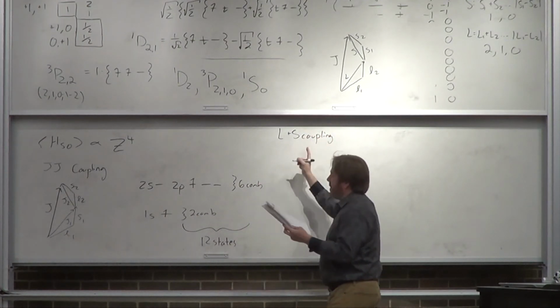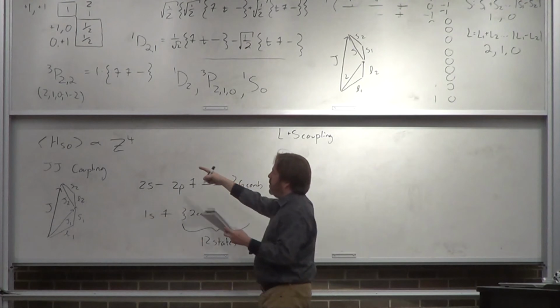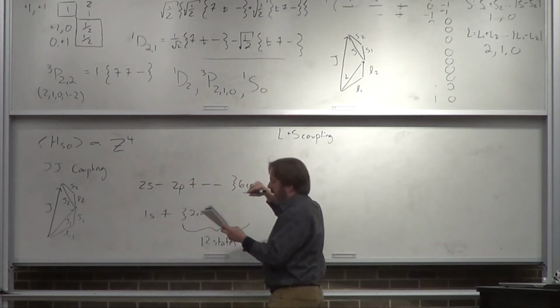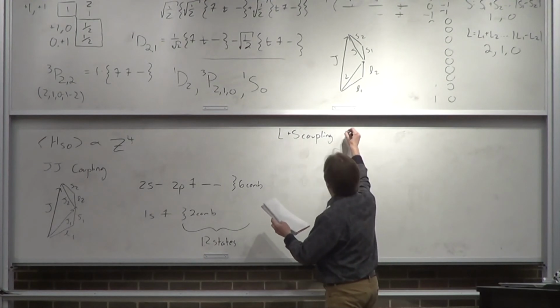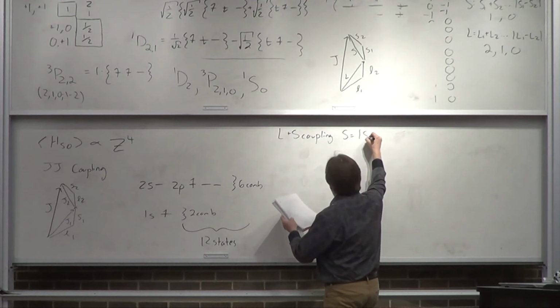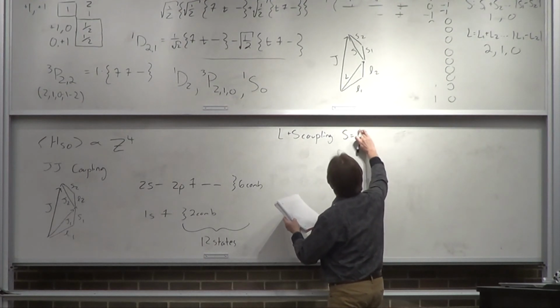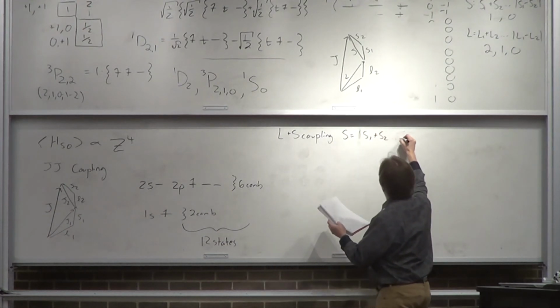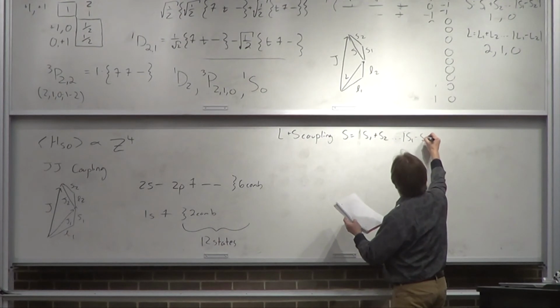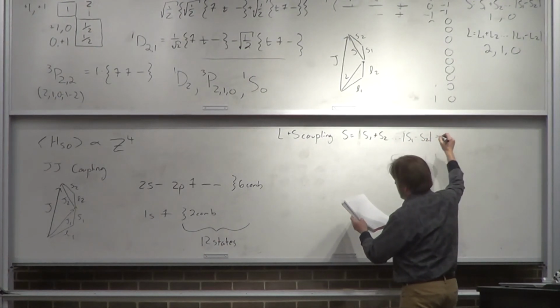LS coupling, this is what we were doing. This is when spin-orbit coupling is small. We're talking about first, second, third row of the periodic table. Your S is S1 plus S2 to S1 minus S2.